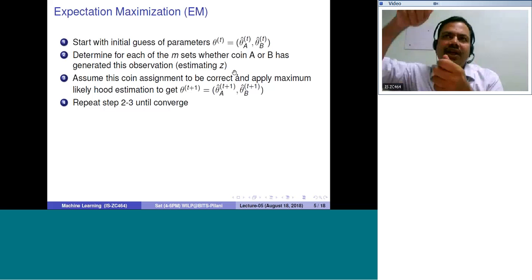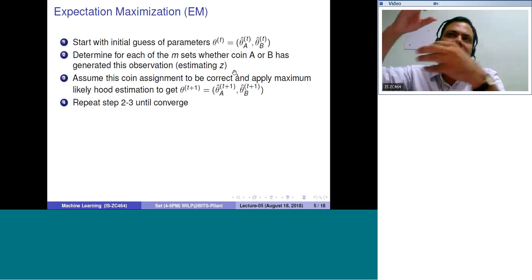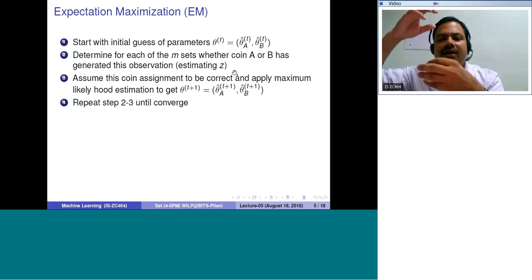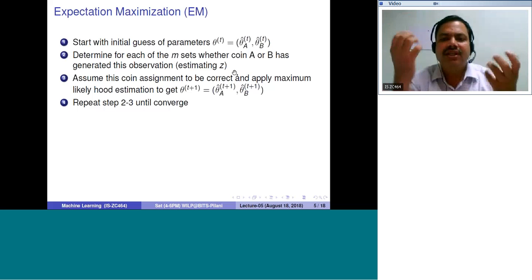We ask what is the probability that this particular output has been generated by coin A, and what is the probability that it has been generated by coin B, and based on that we associate it with the coin which has the higher probability.